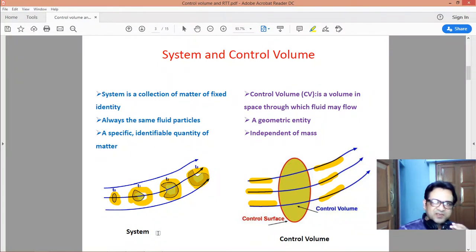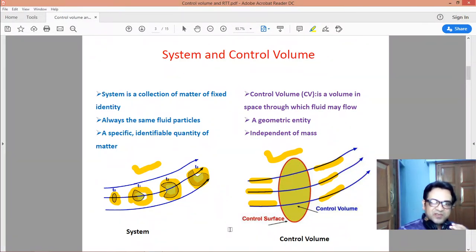So the objective of studying the Reynolds transport theorem is that all the physical laws are applied for the system. Suppose Newton's second law, F equal to ma, is applicable for a system, not for a control volume. In fluid mechanics we prefer the control volume approach.